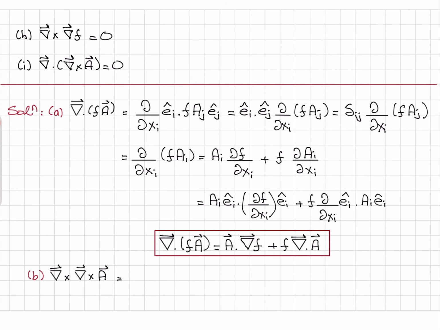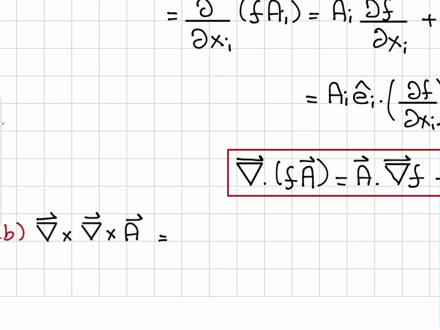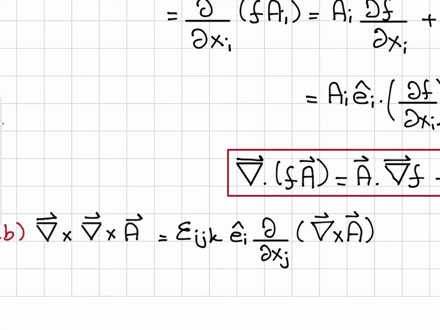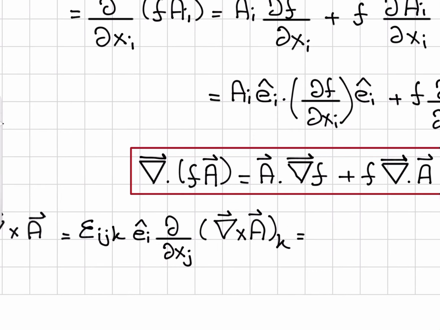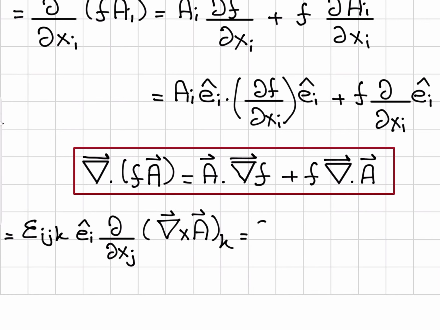Now for curl of a, the part B, we can write the cross product as epsilon ijk, Levi-Civita symbol, ei hat del xj, the jth component of the gradient operator, and kth component of curl of A. All right, and this is equal to epsilon ijk ei hat del xj.